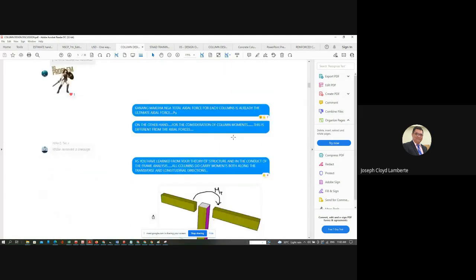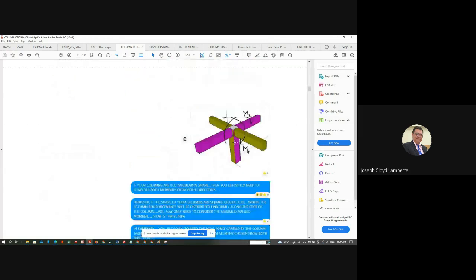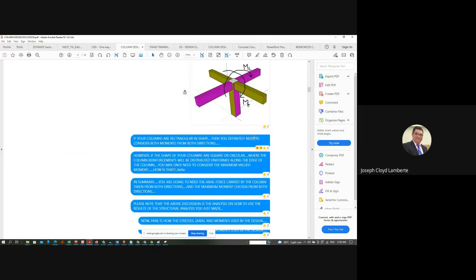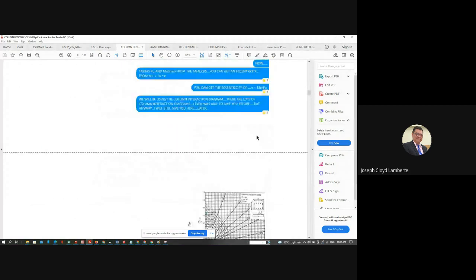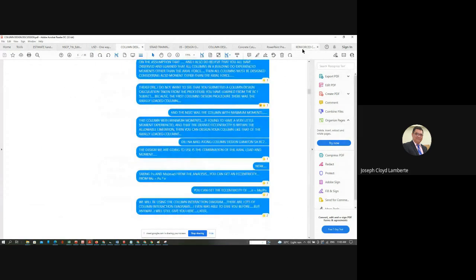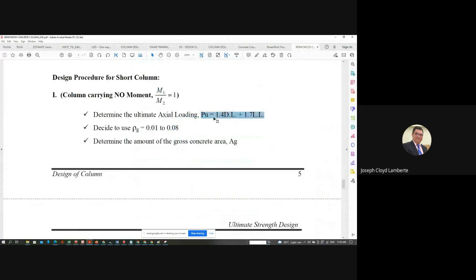For the moment, you don't total, but you consider both moments along both axes. So only the axial load is totaled. You still have frame analysis to do, so it's not as easy next semester. But for now, it's very easy. So we won't consider the load factors of 1.4 and 1.7 yet.